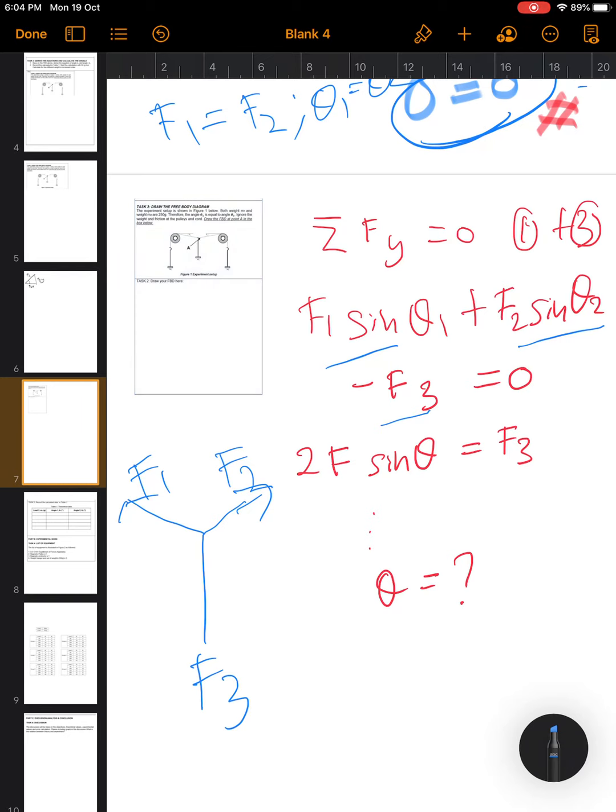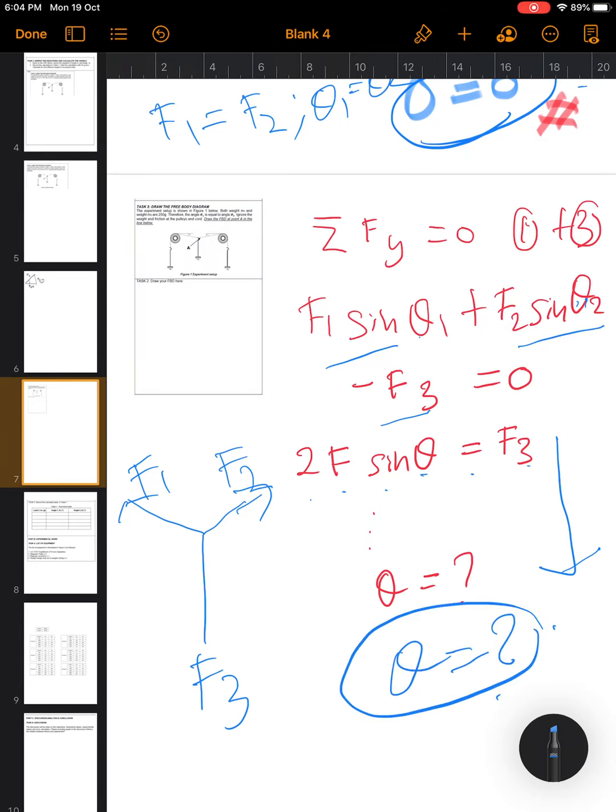Since F1 is equal to F2 and theta 1 is equal to theta 2, we combine this equation and we get 2F sin theta equal to F3. Based on this equation, I hope you can find theta equal to what? Okay, next.